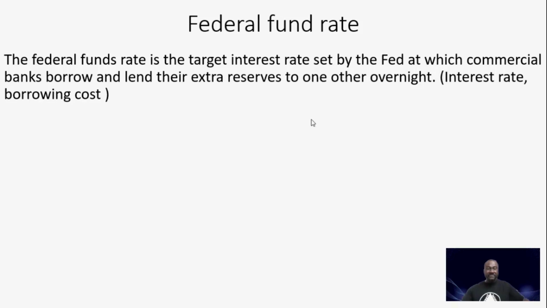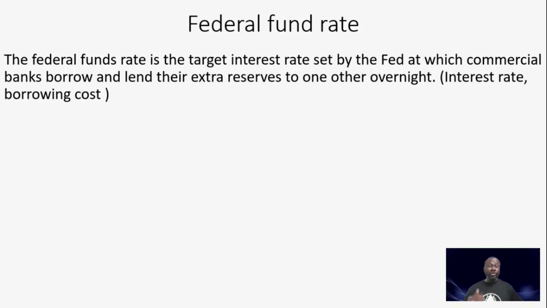This is why the federal fund rate, which is the interest rate set by the Federal Reserve, is so important. Every month, the Federal Reserve either keeps it the same or moves it up or down.